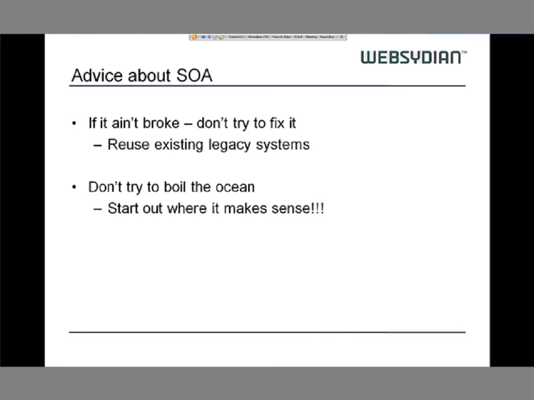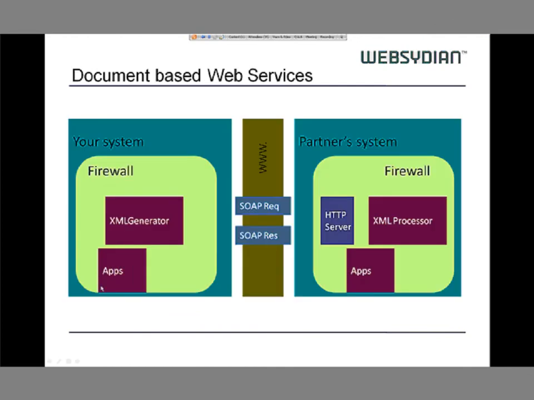This is just basically another illustration of what we just did. We have our application here that sends data into the XML generator, sends off a SOAP request to our partner system or the ERP system of SAP that we just showed you. They will receive it if they are lucky enough to have Transact XML.